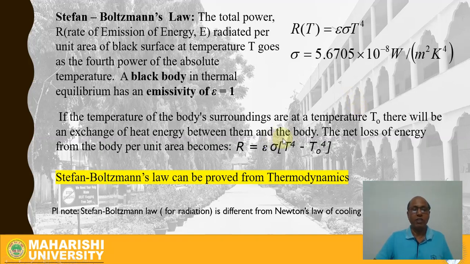So the formula can be given here as R equal to epsilon sigma (T4 minus T04). It can be explained like this: if the surroundings are at temperature T0, there will be an exchange of heat energy between the surroundings and the body at temperature T. The net loss of energy from the body per unit area becomes R equal to so much. Now, you can prove this Stefan-Boltzmann law from thermodynamics also.